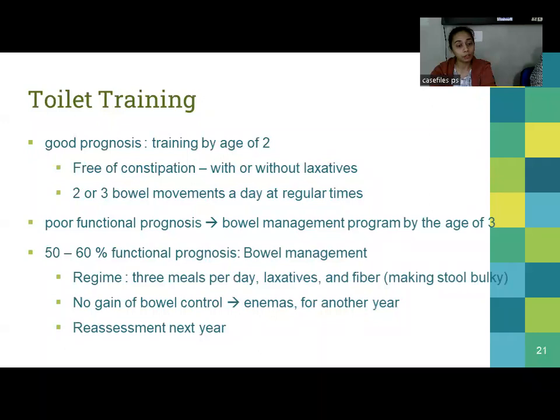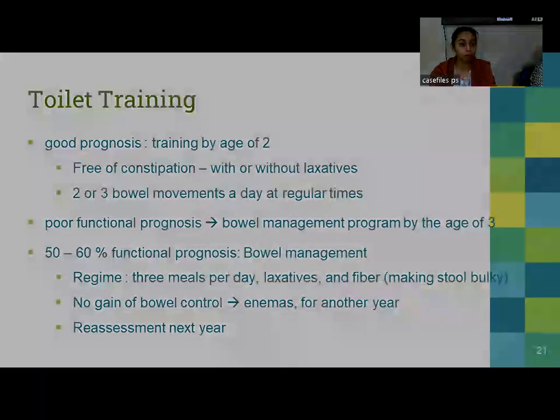In patients who have a functional prognosis of 50 to 60%, bowel management should initially be started, and then a laxative-free trial can be given with a regimen of 3 meals per day with laxatives and fiber. If on this trial there is no gain of bowel control, the patient is again taken up for bowel management with enemas for 6 months or a period of 1 year, and then the patient can be reassessed next year or after 6 months, and the trial can be given again so the child can achieve bowel control.